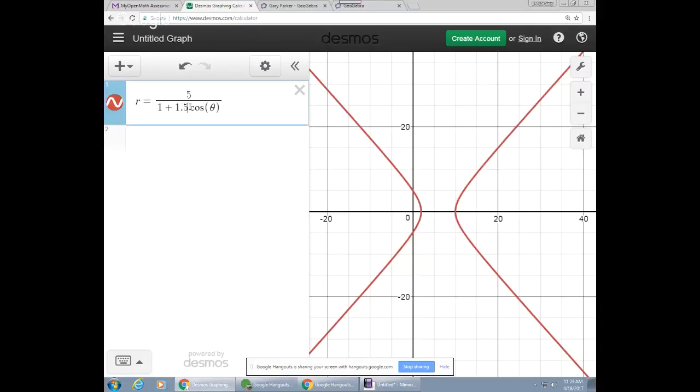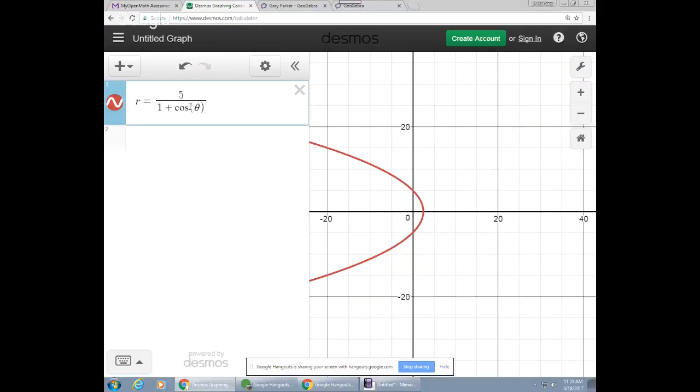Let's go back. As far as the eccentricity, if I pick an eccentricity of 1, then I get a parabola. If I pick an eccentricity of 0, the cosine is gone, and I now have a circle of radius 5 in this case. If I pick an eccentricity of like 0.1, then I get a more circular ellipse.